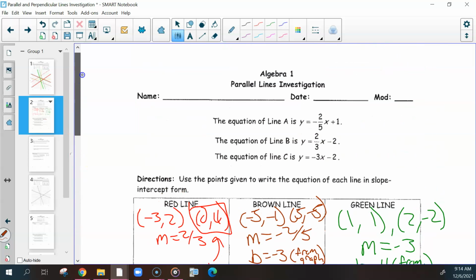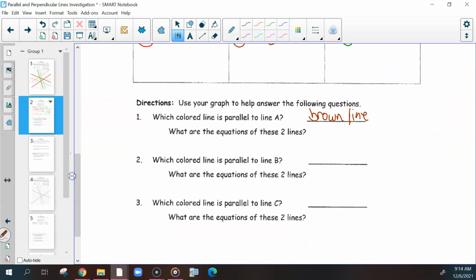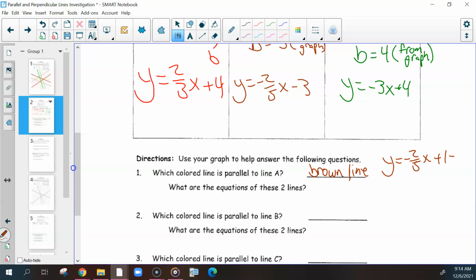The equations for A, B, and C are at the top. So y equals negative 2 over 5x plus 1. Yep. And then the brown line, put right underneath that. y equals negative 2 over 5x minus 3.